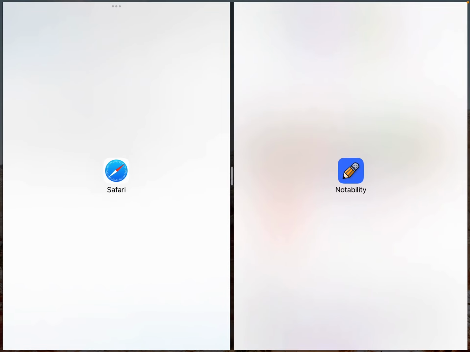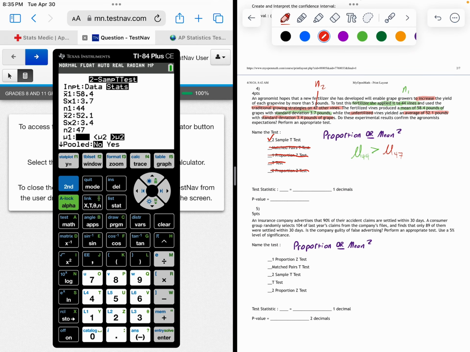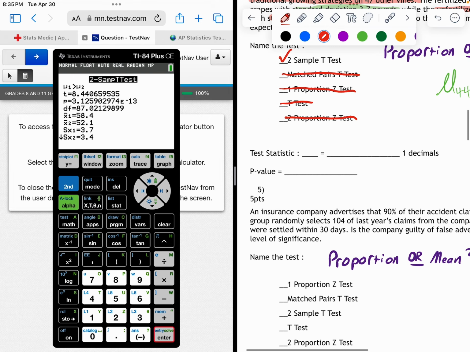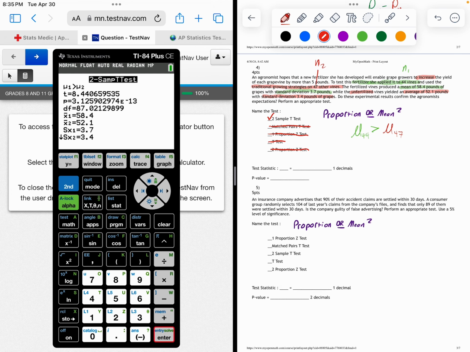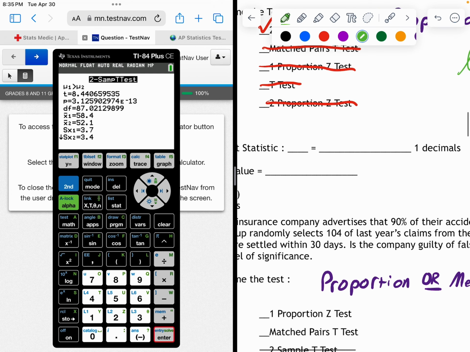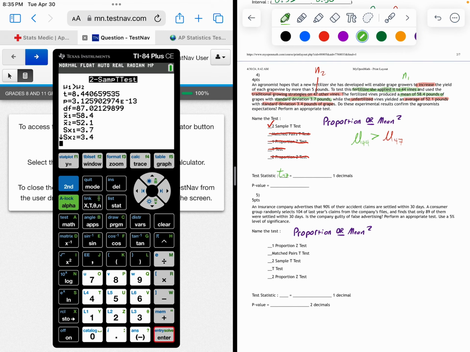I've already got that. Okay, so mu1 is greater than mu2. Pool: no, don't pool ever, and calculate. Test statistic. I'm not exactly sure what is given to you, but it's a t. It's a t, and I would say t43. Why 43? I'm taking the smaller sample size, 44 minus 1, so 43.